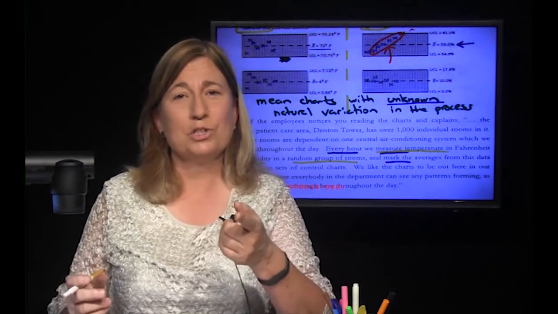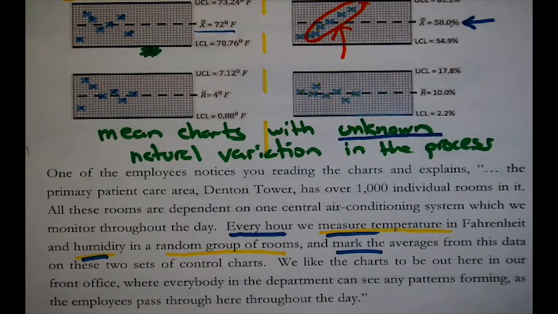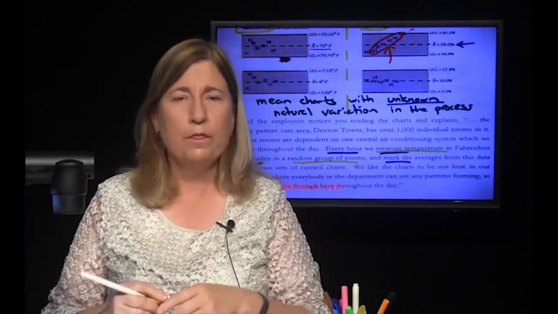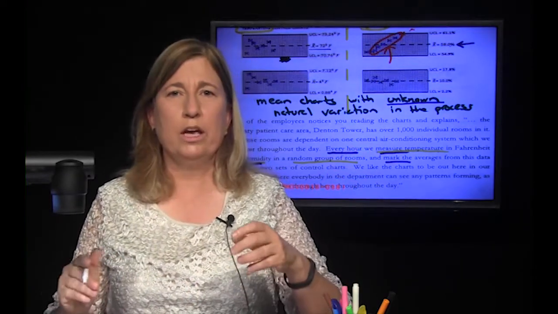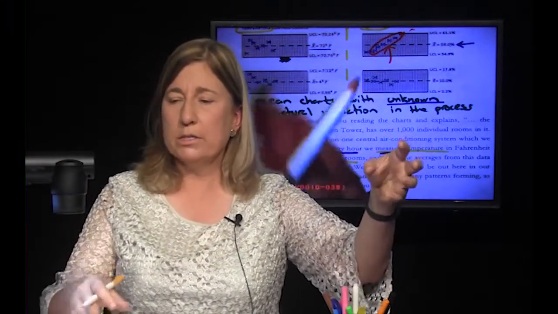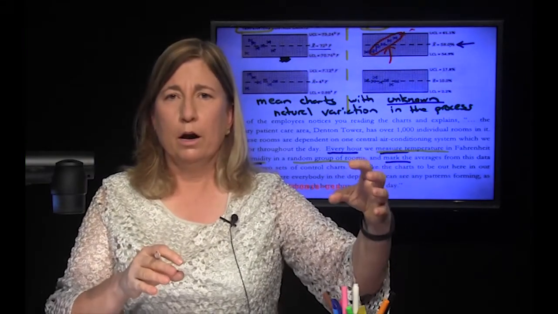That's range. The bottom 2 charts are range charts. What is range? You take a sample, like you measure temperature in 10 randomly chosen rooms. The range in that sample is the largest observation, the hottest room, minus the smallest observation, the coldest room.